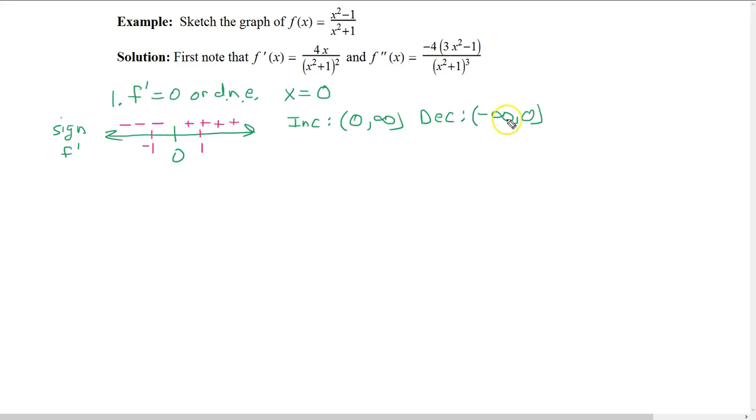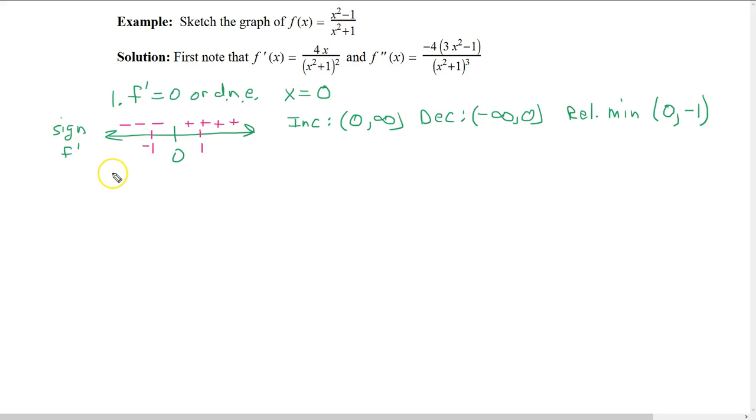So that's where our relative minimum is occurring. And if we put 0 into our original function here, we get back -1. So that's the location of our relative minimum for this function.